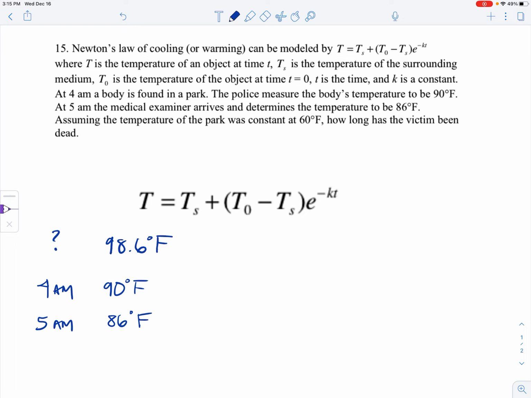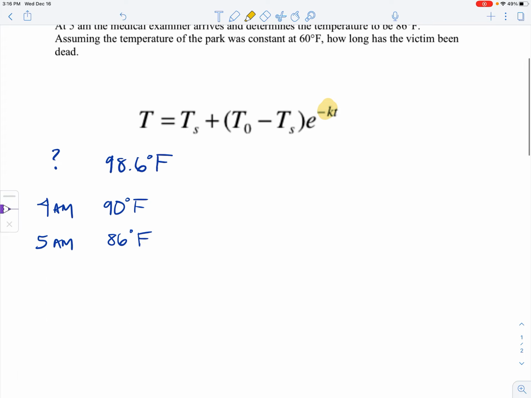Before we can solve for how long the body has been dead, we need to figure out what K is, this constant K in this formula for this particular situation. So in order to solve for K, we need to be able to plug something into all of the other variables.